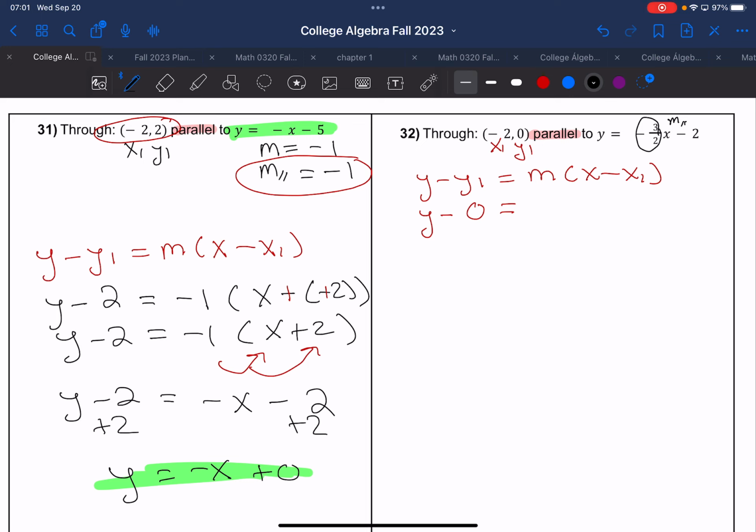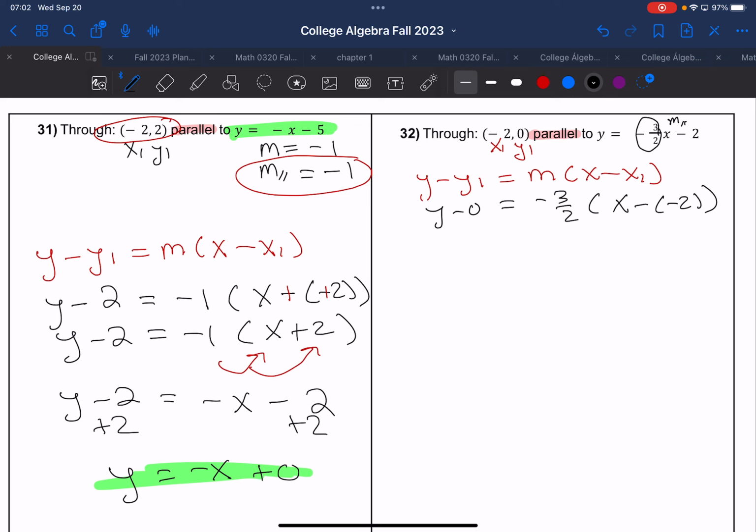Okay. So then I have, sorry, I should not write that in red. So then I have -3 over 2, parentheses, x minus x1. Since, again, x1 is a negative, I'm placing that in its own parentheses so I don't get it confused. Sorry, one moment.